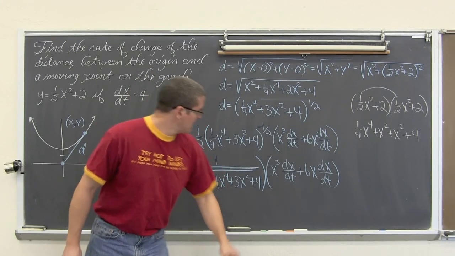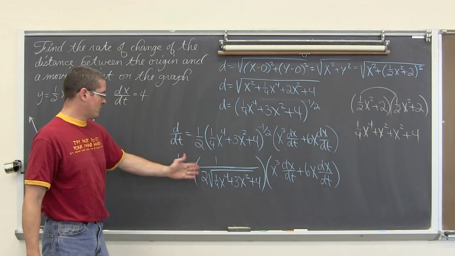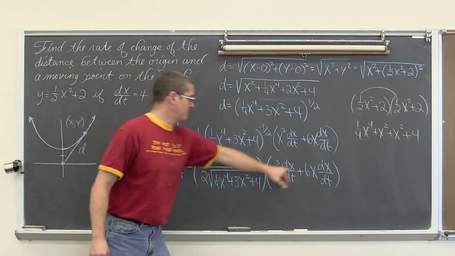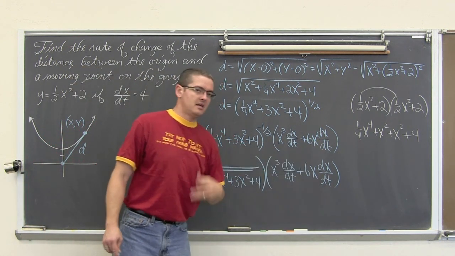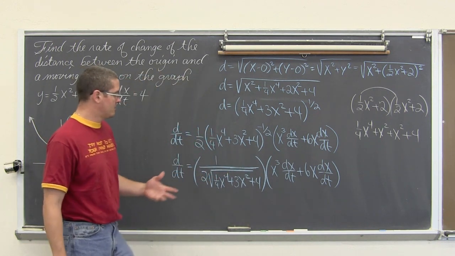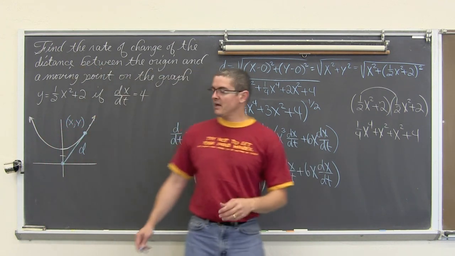Sorry for the interruption there. So now we've got 1 over 2 square root of all this stuff. Over here we've got x cubed dx/dt plus 6x dx/dt.